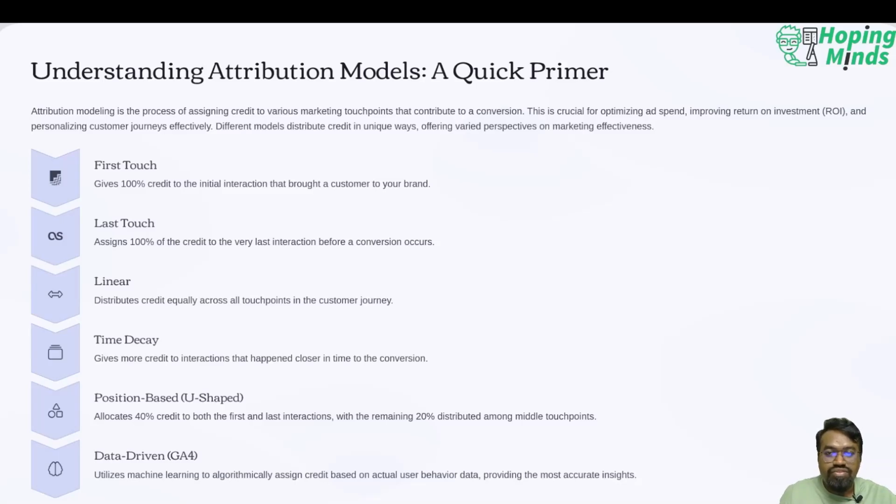Linear touch, we can say, distributes credit equally across all touch points in the customer journey.